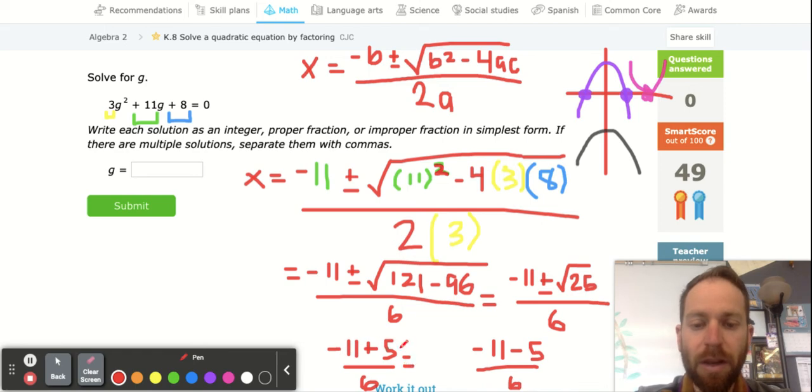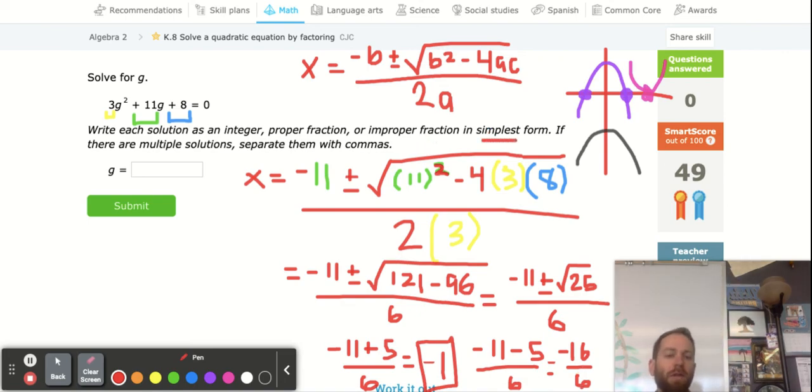This would be negative 6 over 6, or negative 1. That's one of our solutions. The other one would be negative 16 divided by 6. But it's asking you to write it as a simplified fraction here, in simplest form. So we can divide the top and bottom by 2 since they're both even numbers.